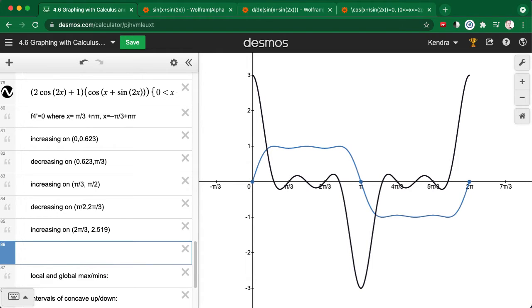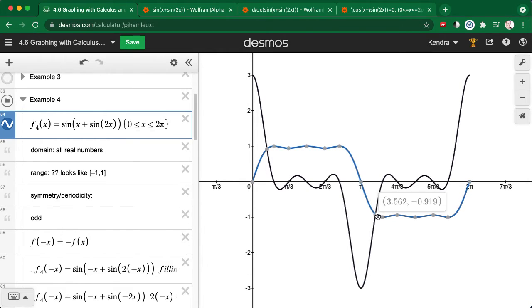And then we can talk about the function is decreasing on the interval from 2.519 to 3.765.